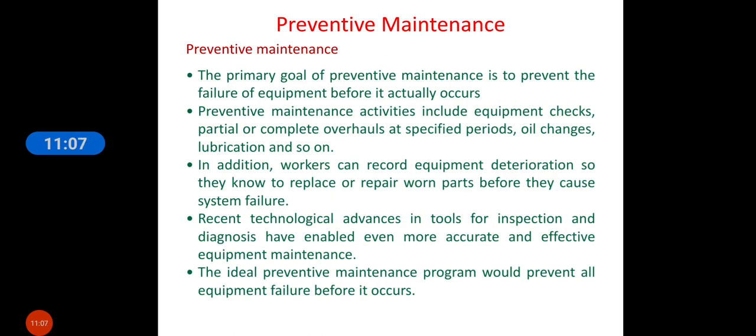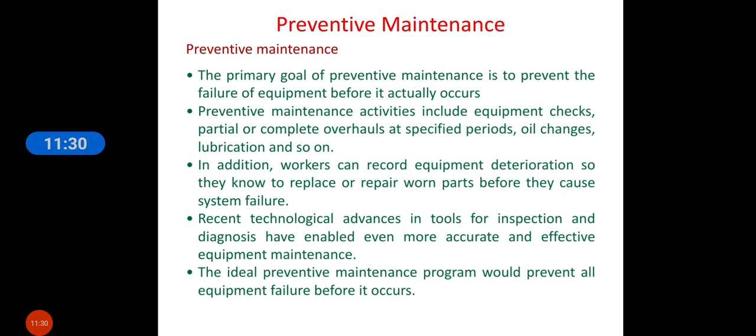Then preventive maintenance. Preventive maintenance means आप breakdown को wait नहीं कर रहे हैं. Before breakdown, you are taking steps to keep your machine in healthy condition. A primary goal of preventive maintenance is to prevent the failure of equipment before it actually occurs.